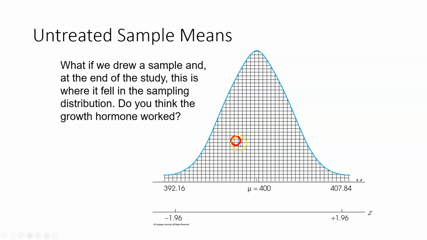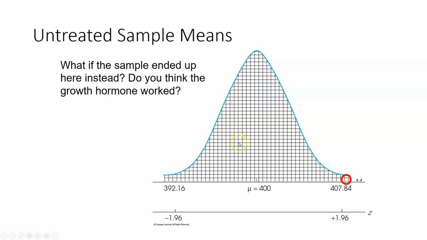Hopefully you said probably not. It probably didn't do anything at all to make any difference in the size of the rats. In fact, the rats are slightly smaller than the average. So if we drew a sample of 25 rats and we computed their average weight as slightly below 400, then we might say this sample right here suggests the growth hormone didn't make them heavier.